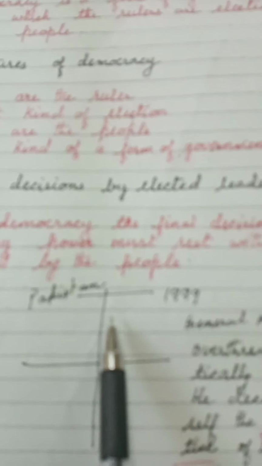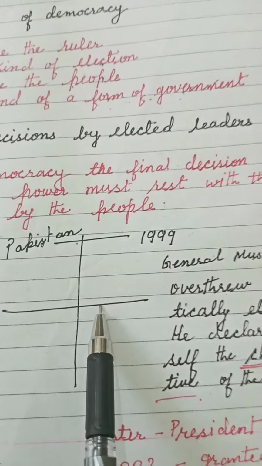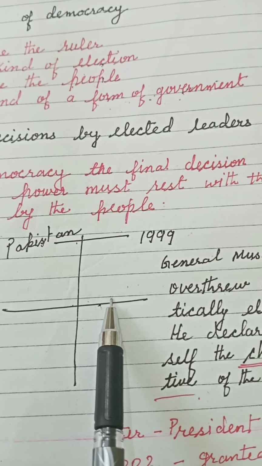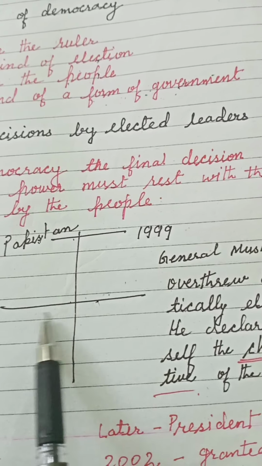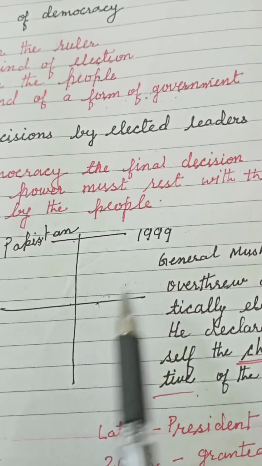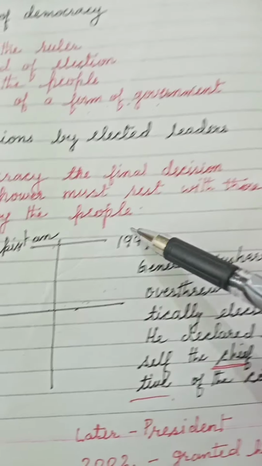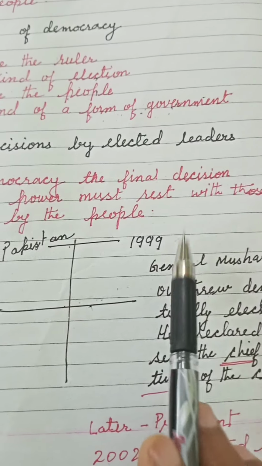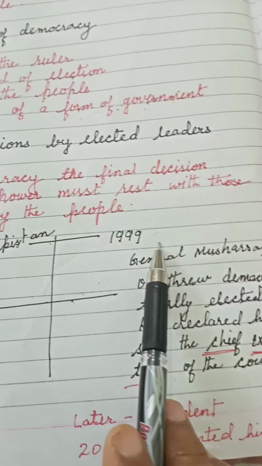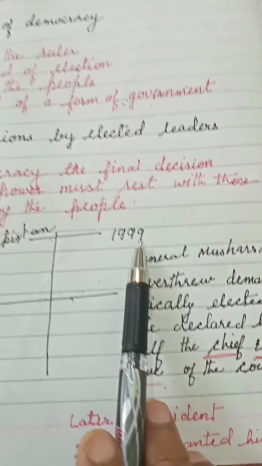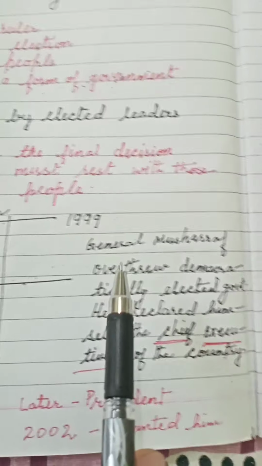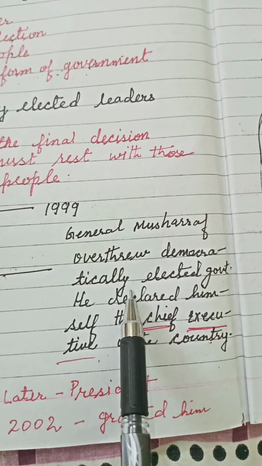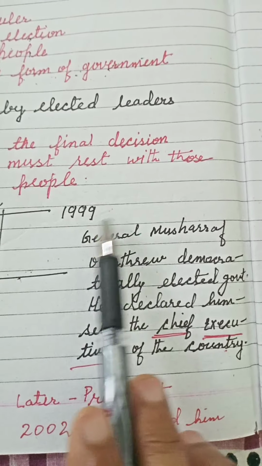Till today, in our country, no conflict, no monarch system, no dictatorship, no military system, is it? No. But in Pakistan, what happened from 1947 till 1999? Here also everything was going well. They were also having a democratically elected government. But what happened in 1999?